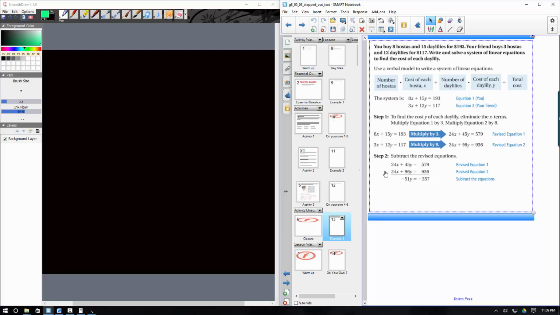Basically I'm switching this all to negative. And I have negative 51y equals negative 357. Then I divide negative 357 by negative 51, and I get y equals 7. So that's the y value. And then I can always plug in for the x if I want to. But it's asking for the cost of this, so that's all I had to do.